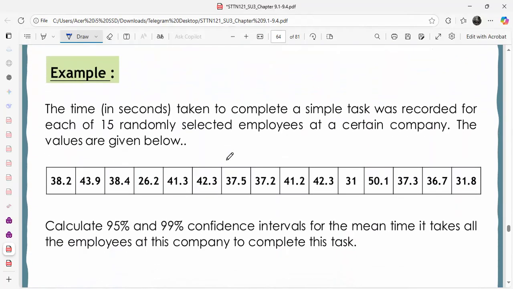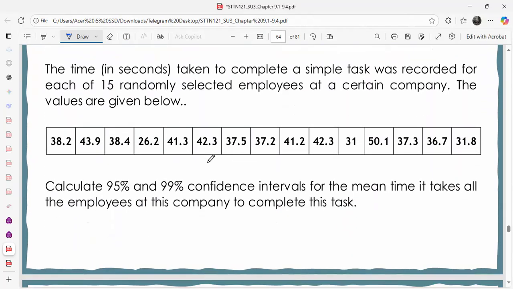Look at this example here. You see on this example, we are given the data set. It says that the time in seconds taken to complete a task was recorded for each of 15 randomly selected people. So n is equal to 15.